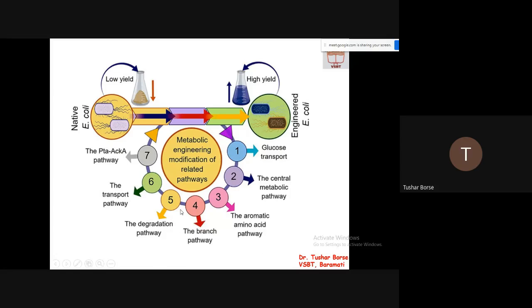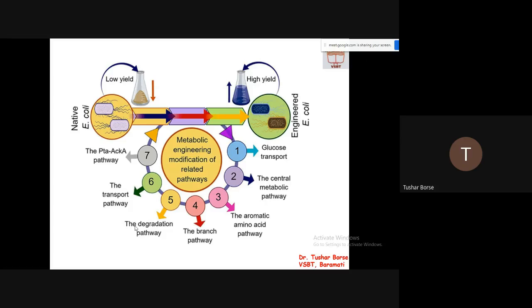Or, say E. coli is producing some toxic compound and I don't want it to be produced, so I may introduce some pathway which will degrade that toxic compound within the system.